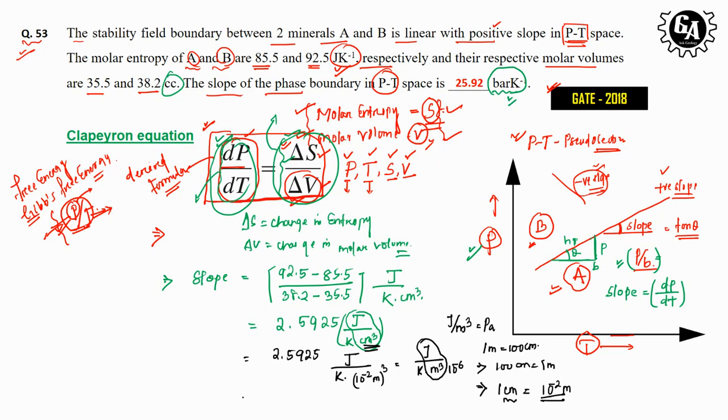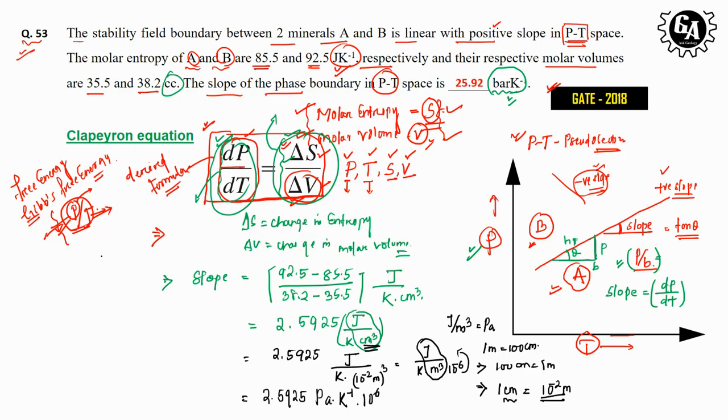This is equal to 2.5925. In place of joule per meter cube I am considering Pascal into Kelvin, Kelvin minus 1 goes up. Right now, this 10 to the power minus 6, if it goes up, then this is 10 to the power 6.